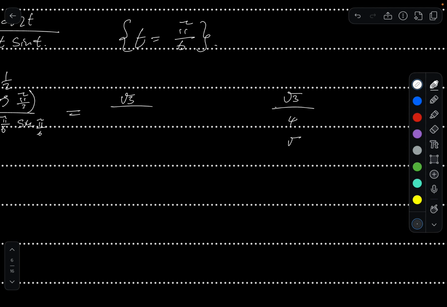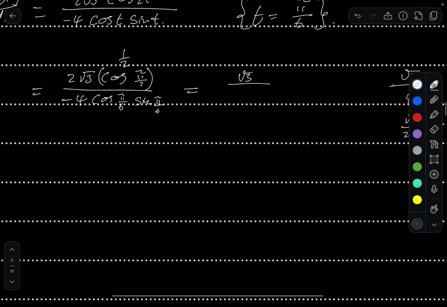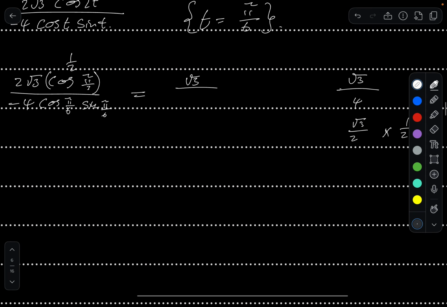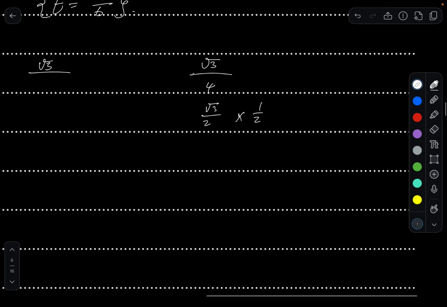Because it will be square root of 3 divided by 2 times half, divided by 2. Okay, and now that will be times that 4. Square root of 3, which is 60 degrees. Cos of 60 is the same as sine of 30. Now you'll be left with, which is times by 4.